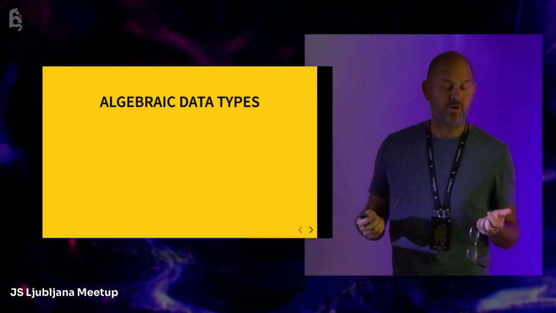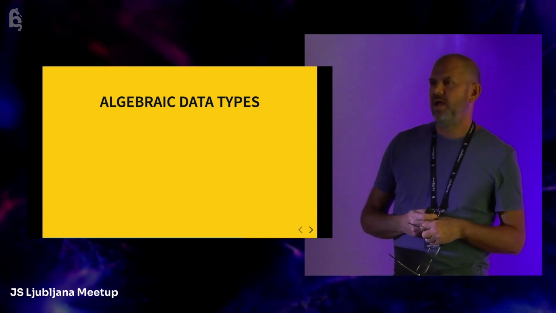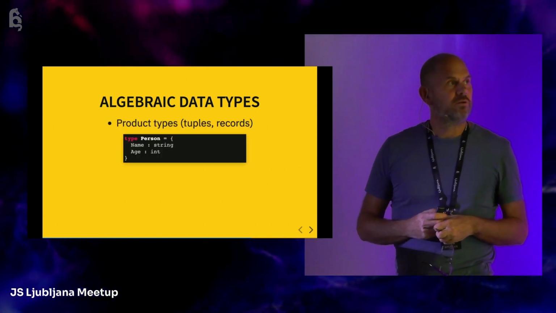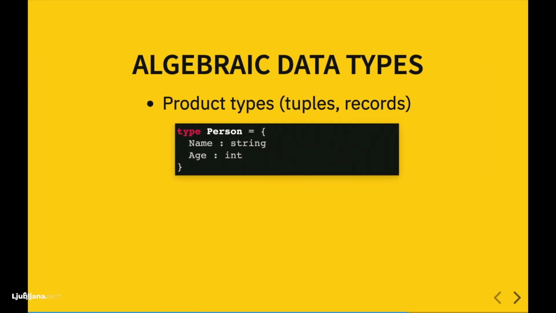And you might wonder, what the hell are algebraic data types? And the good news is that you know half of the answer already, because half of them you use every day, right? These are product types. That's their name, and it includes tuples and records.